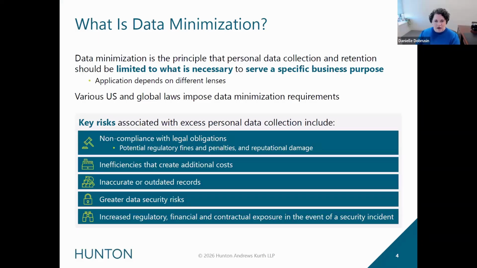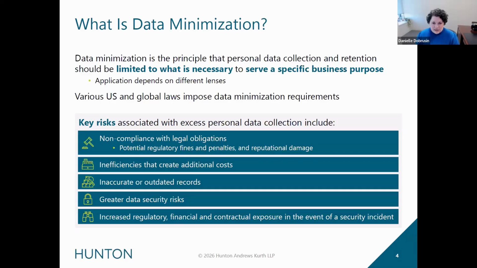So let's start off by setting the foundation here and defining what we mean when we talk about data minimization. Data minimization is the principle that organizations should limit their collection and retention of personal data to the minimum amount necessary to serve a specific business purpose, or in some cases, purposes reasonably related to that purpose. This principle has long been a core tenet of data protection law.